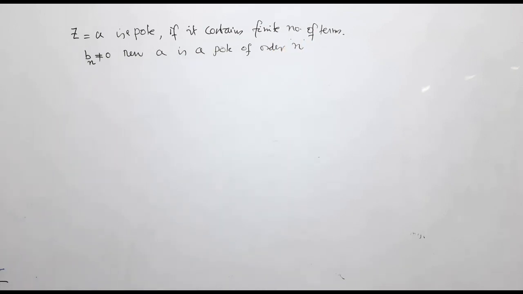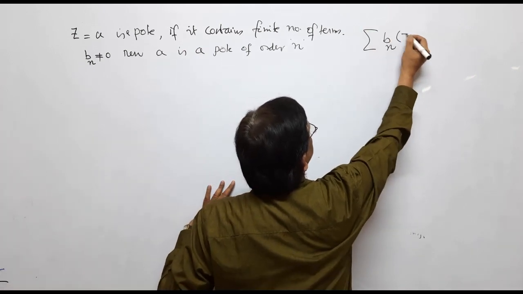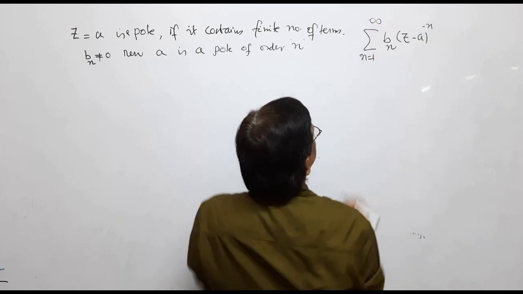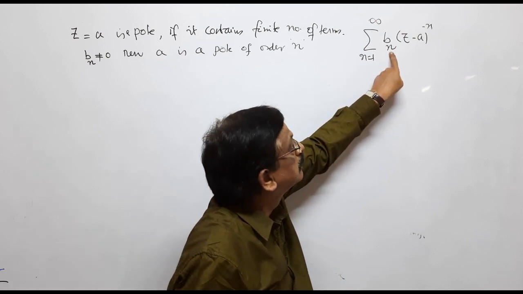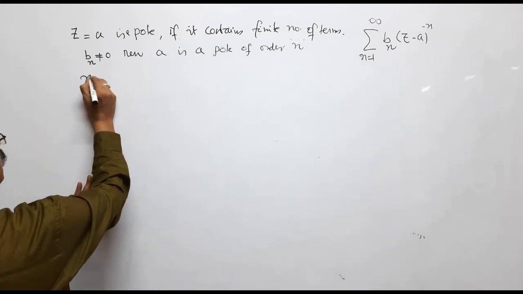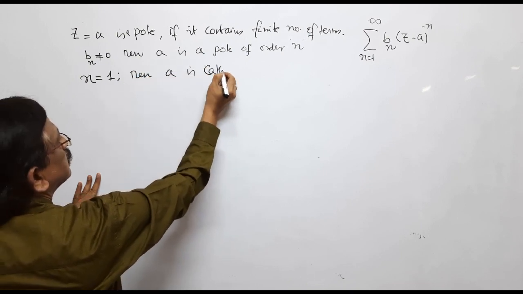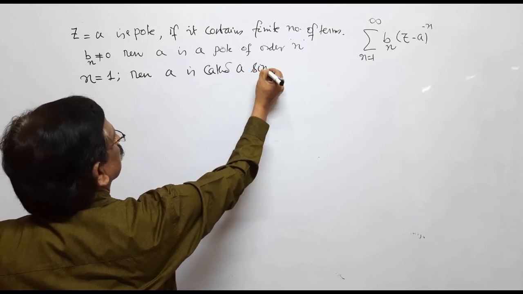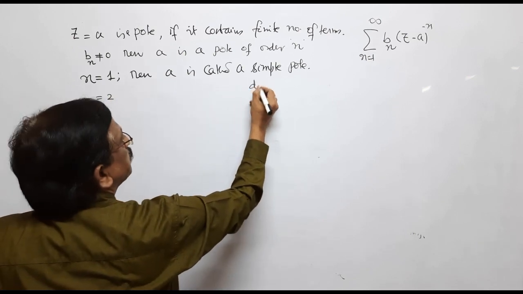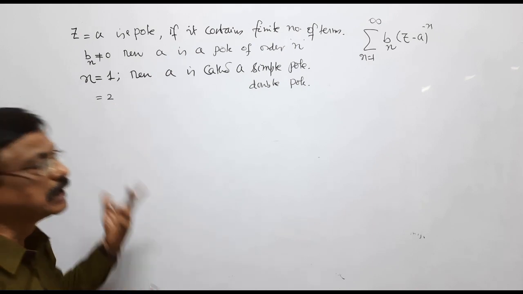That means the principal part of the Laurent series is non-zero up to the term n, and f has a pole of order n. If n equal to 1, then a is called a simple pole. If I take n equal to 2, then it's called a double pole. Of course, if it is more than 1, it is called a multiple pole.